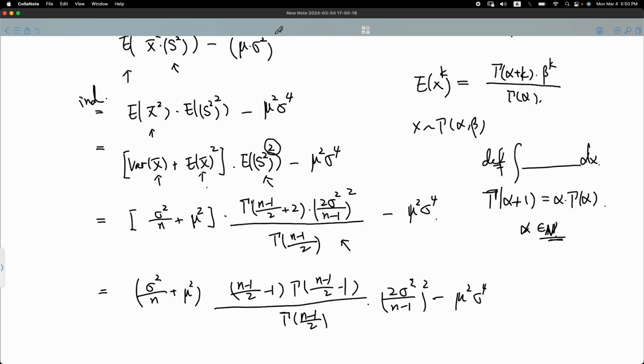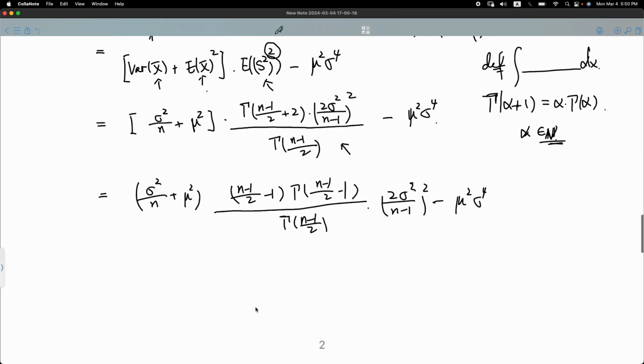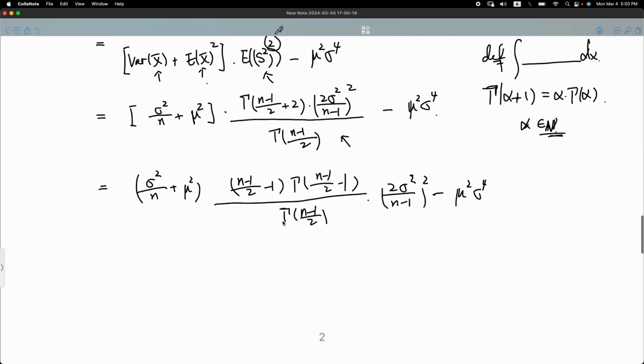So this is the gamma function, and then we subtract 1, so we can move the constant outside here. We also need to apply that again. So we have (n minus 1)/2 minus 1, and then (n minus 1)/2, and then the remaining gamma function of (n minus 1)/2.